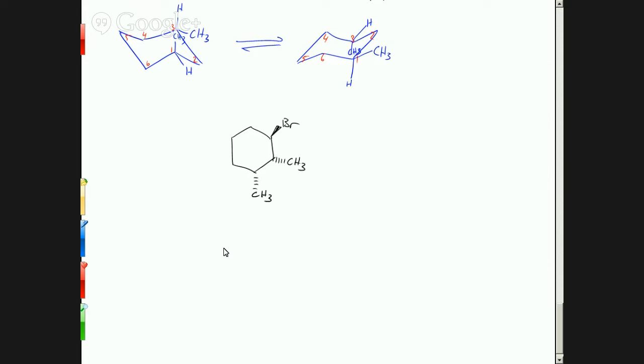So the numbers, yes. When you're flipping, the numbers shift down if you're going clockwise, and shift up if you're going counterclockwise. Like here, does that make sense? No. Okay, so we started here, 1, 2, 3.